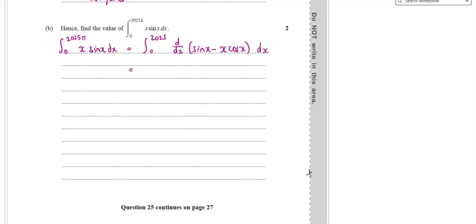Okay, so now I can just replace that with sin x minus x cos x from 0 to 2025 pi.